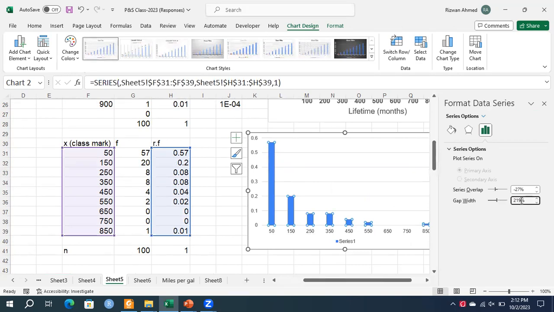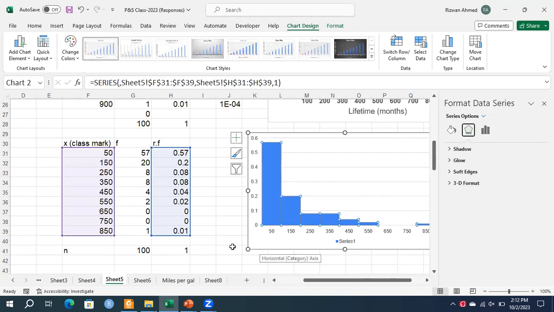If I reduce that to say 1%, now it is a more attractive and informative representation that this relative frequency, or probability, belongs to the time values from 0 to 100. And then we have the next one. You can explore further options, such as representing them with different colors.